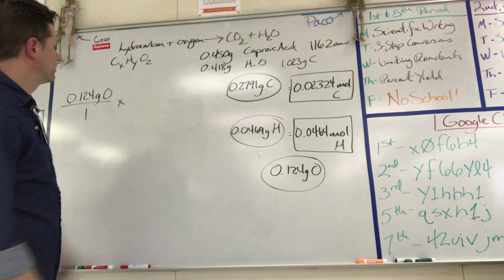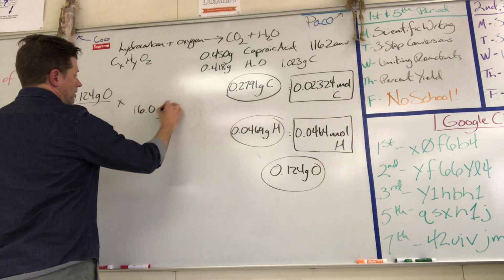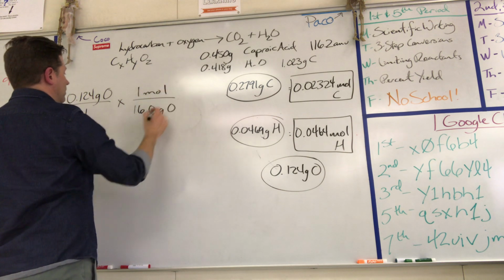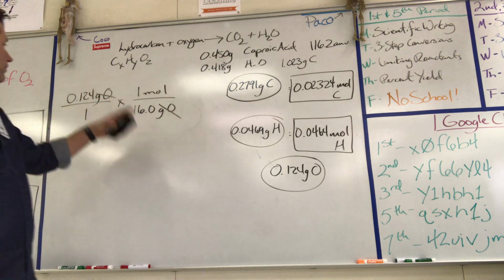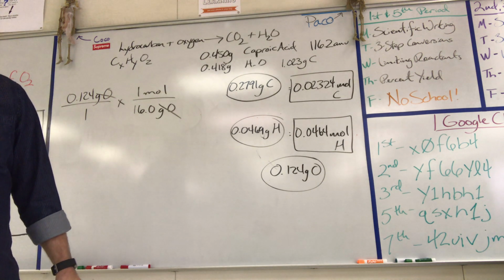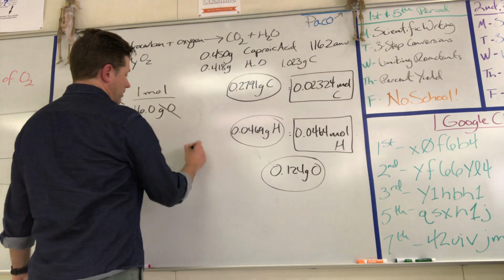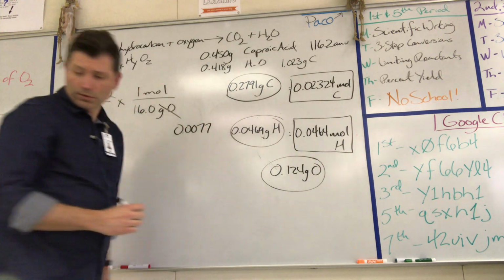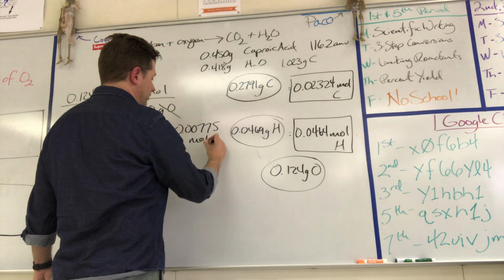I flipped them. So 0.124 times 1 divided by 16 is going to give you 0.00775 moles of oxygen.